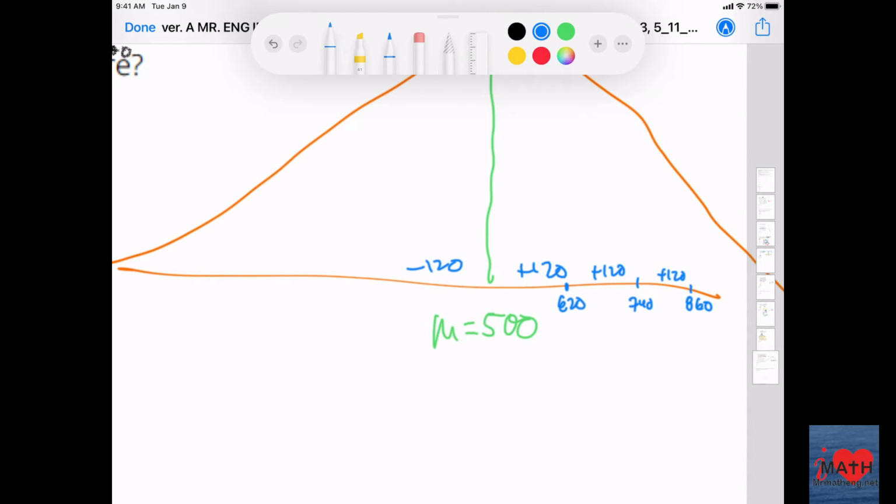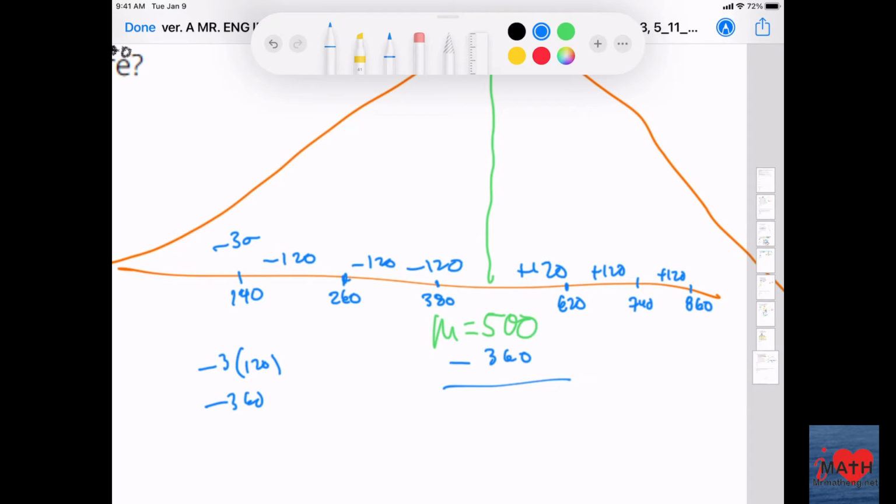We subtract, you're going to get 380. Do it again, and you're going to get 260, and subtract 120 again. You will get 140. Another way of thinking of this is 3 standard deviations away, right? Standard deviation is 120, so that would be negative 360. So if I just subtract here, you get the 140. Does that make sense? Okay.